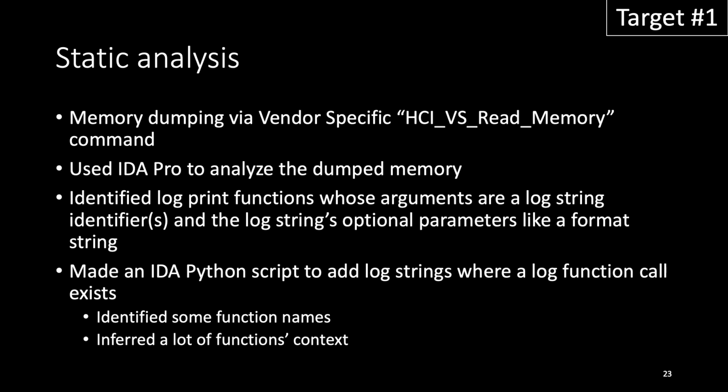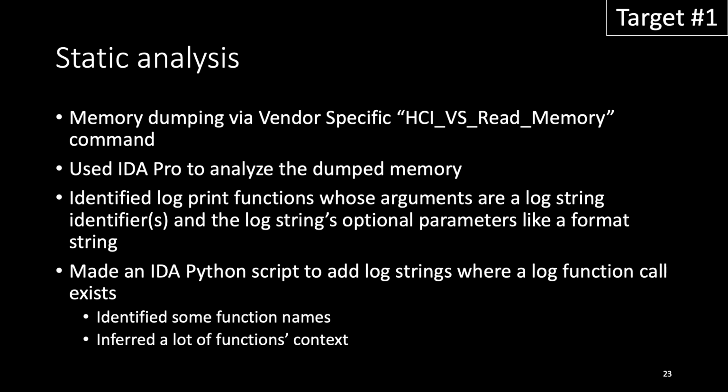That means there can be a read memory, and I found a read memory in one of the files that TI provides. In the file next to this read memory, there was an opcode. I took that opcode and used the HCI tool, which is a Linux tool, and I could dump the accessible memory from this dev board.